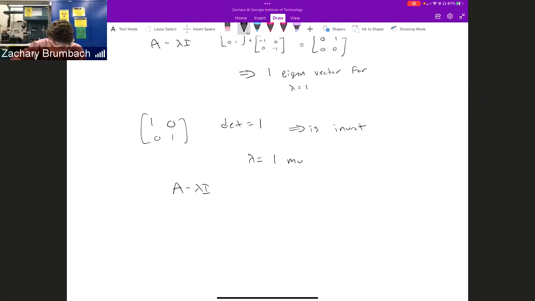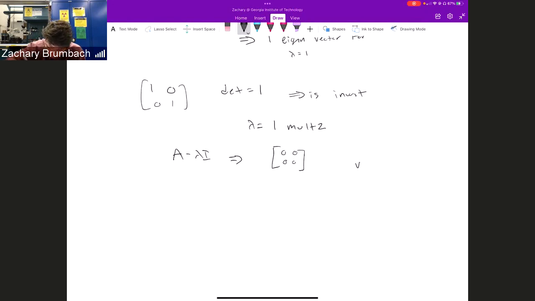Lambda equals 1, multiplicity of 2. I'm going to take A minus lambda I. We get the 0 matrix. And we can just say that this has our vectors of 1, 0, and 0, 1, right? So this has an algebraic multiplicity of 2, and a geometric multiplicity of 2.